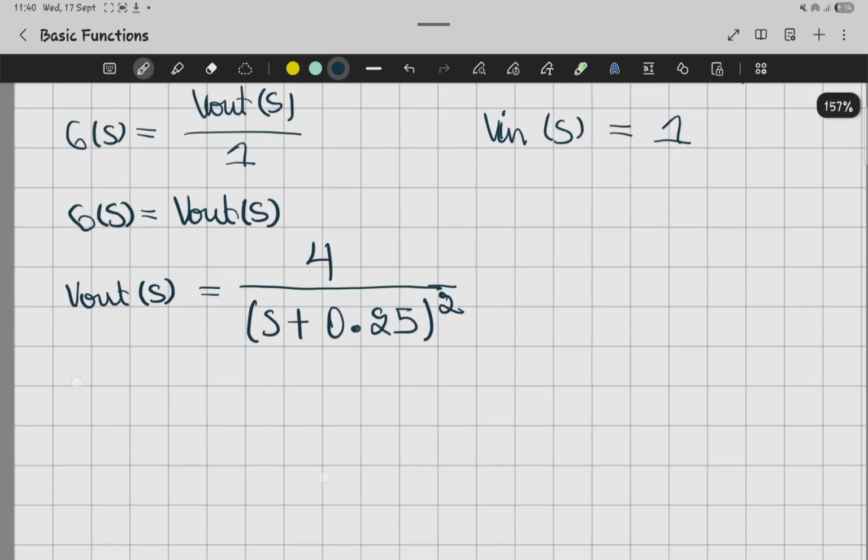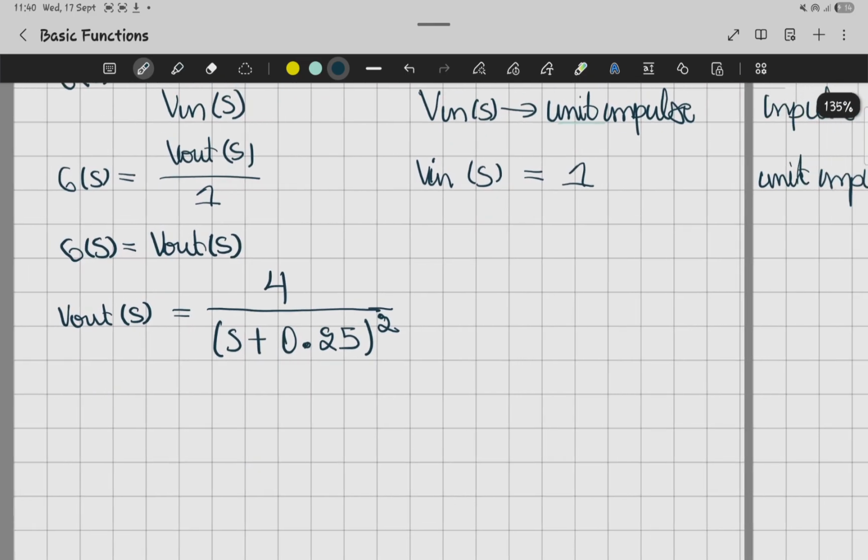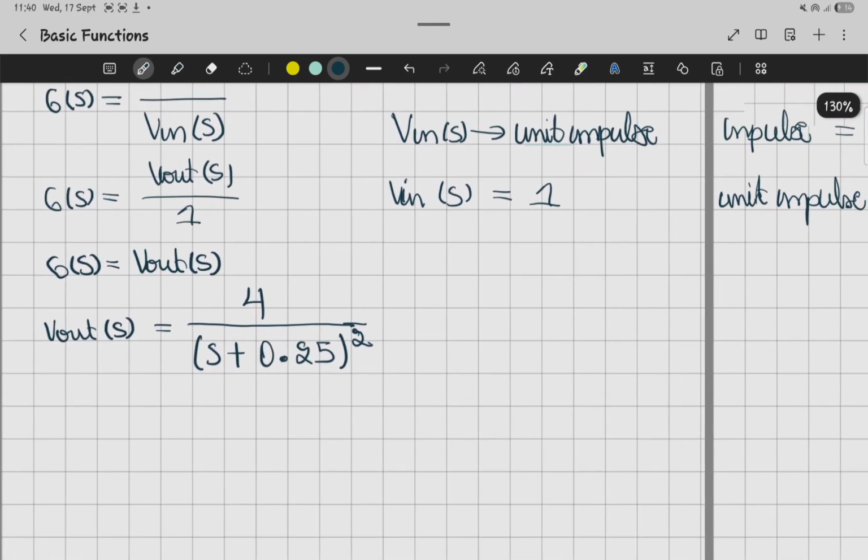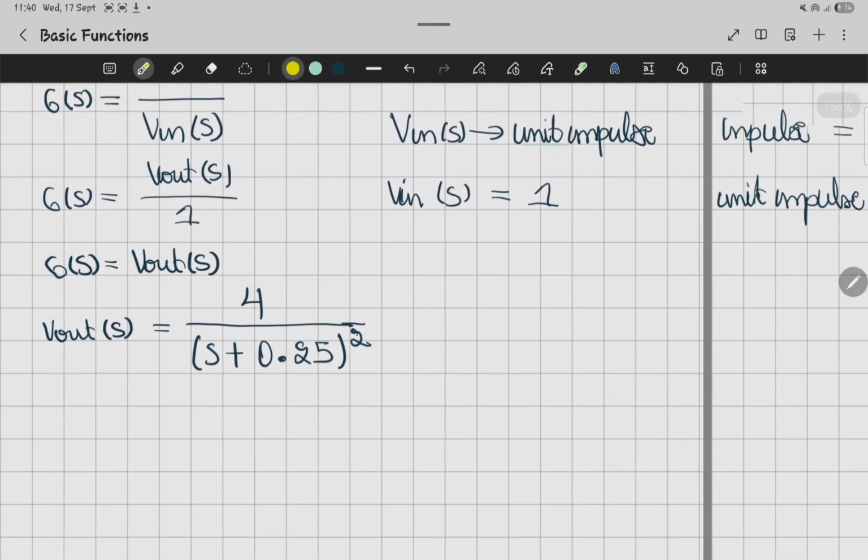Now we have some steps we need to take. The objective is to get to the inverse Laplace.